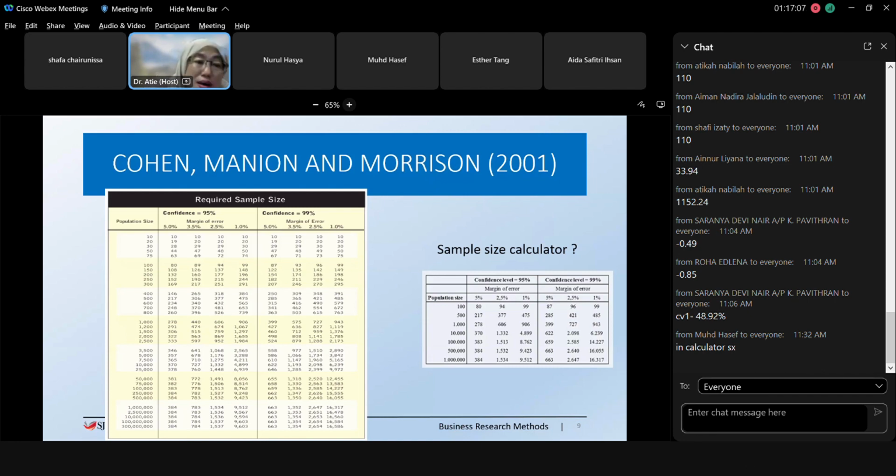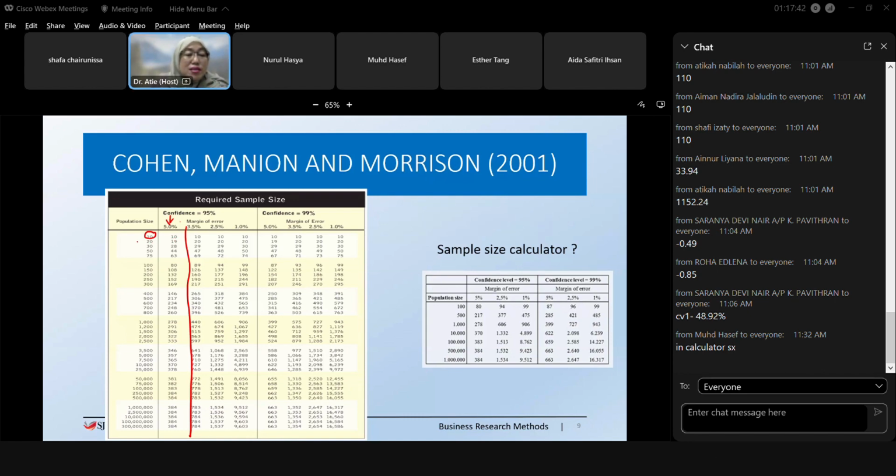This Cohen, Manion, and Morrison table helps us determine how many samples we need for a certain population. For example, if you have only 10 people in your population, I'm going to use this 5% column right here. It means that we need to take all of them, because it's too small.